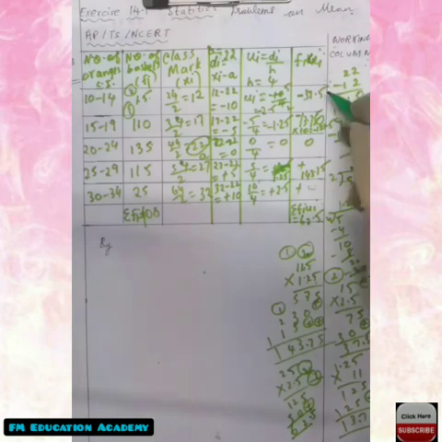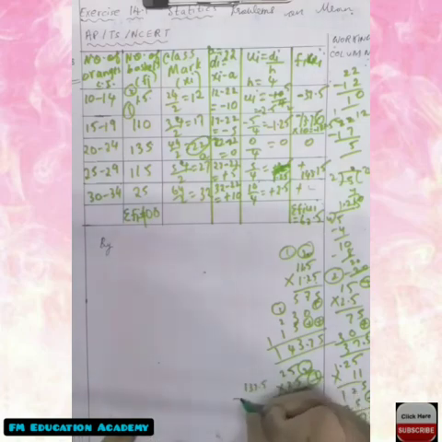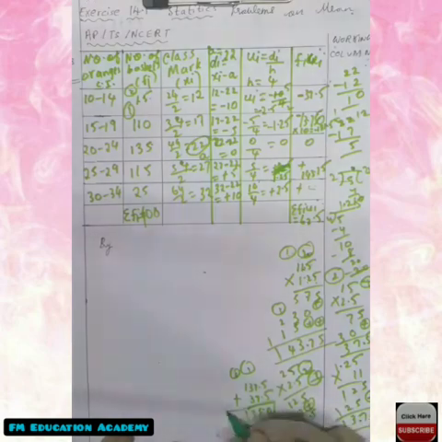Add this. Here I have minus 37.5. Here I have minus 137.5. So I have to add, means 137.5 plus 37.5. 5 plus 5 is 10. 7 plus 7 is 14. 14 plus 1 is 15. 3 plus 3, 6 plus 1 is 7. 175 I am getting. So minus 175 here I will get because both will be minus.